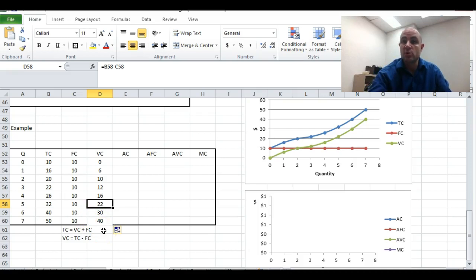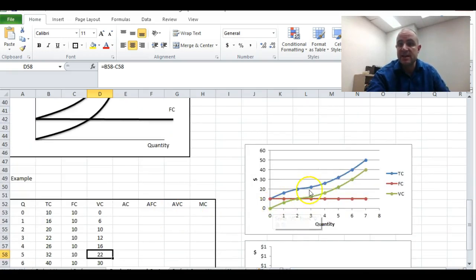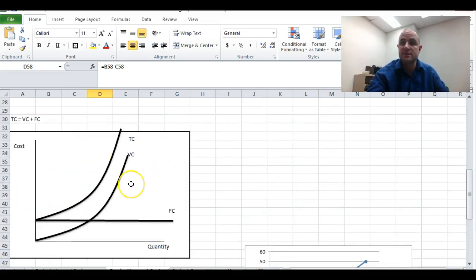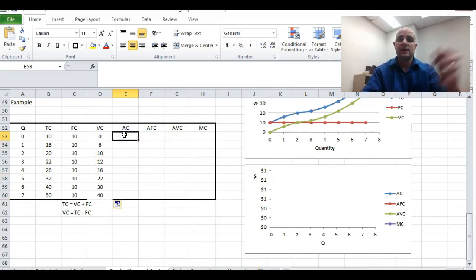So these are our total costs, which we've talked about before. And as you can see, you see those same general shapes for the totals that we discussed up here. So now let's look at the averages and the marginal. Any average is the total divided by the quantity.